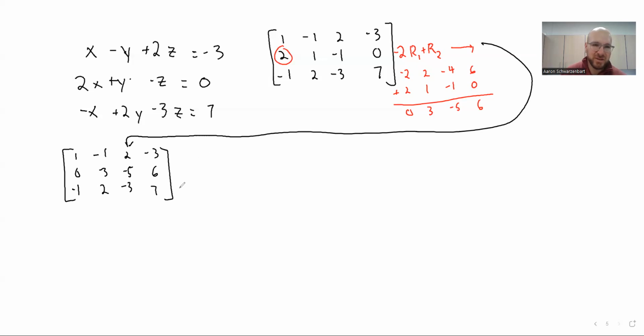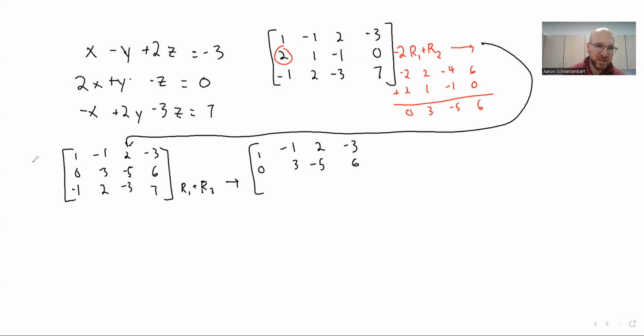So right here, I'm going to add just R1 plus R3, and I'm going to stick that into row 3. That means I don't change row 1 or 2. Part of the trick on this is 1.